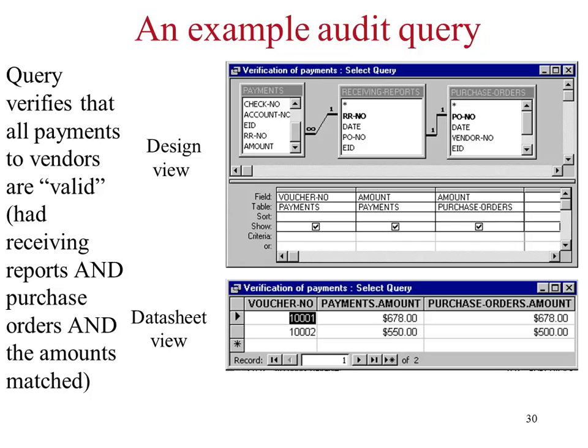Purchase orders are linked to payments through the receiving reports, so there is a connection. You can merge the tables together and see whether those amounts match. If they don't match, there's a problem. So this is one way to check that what you paid for and what you wanted agree with each other.